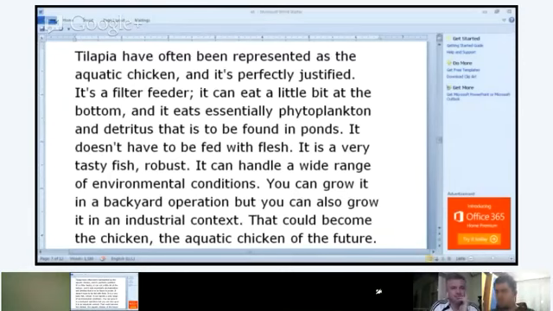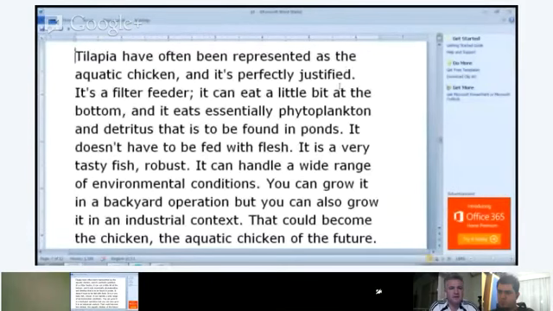Tilapia have often been represented as the aquatic chicken, and it is perfectly justified. It is a filter feeder. It can eat a little bit at the bottom, and it's essentially phytoplankton and detritus that is to be found in ponds.